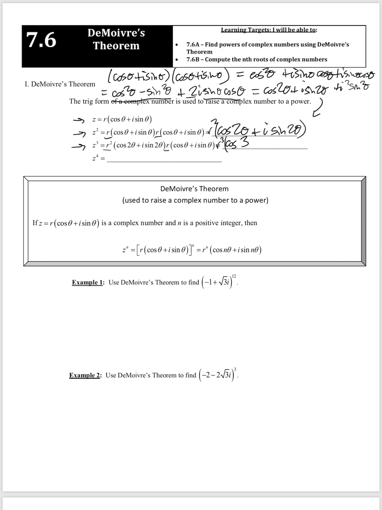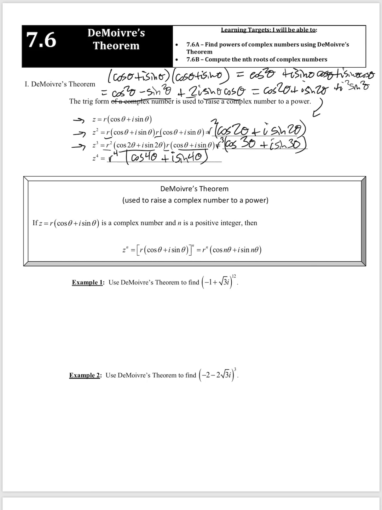And if we were to box method the complex numbers here and here, we would get cosine of 3 theta plus i times sine of 3 theta. So if you start seeing a pattern, it's because there is a pattern. z to the 4th is going to be r to the 4th times cosine of 4 theta plus i times sine of 4 theta. And so on, and so on, and so on.